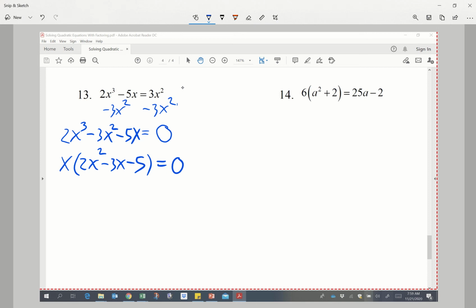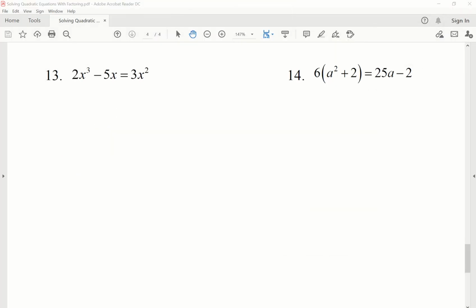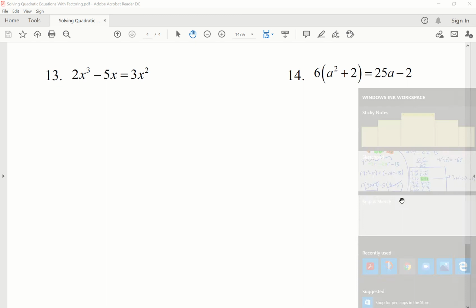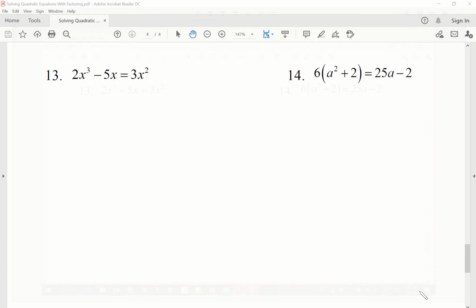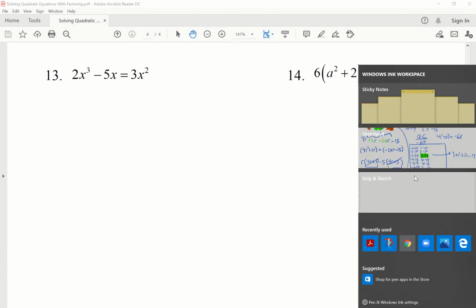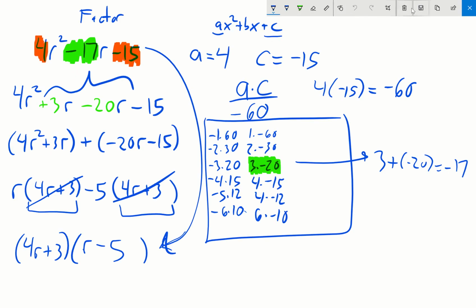Remember, whenever you're factoring, the goal is to always factor it completely. So let's go off to the side. I'm going to use the AC method again on this one. So right now we're trying to factor that quadratic part of our question.